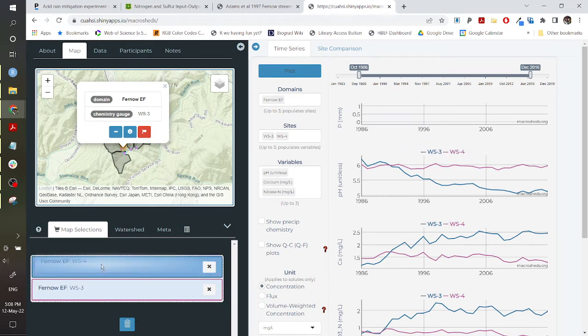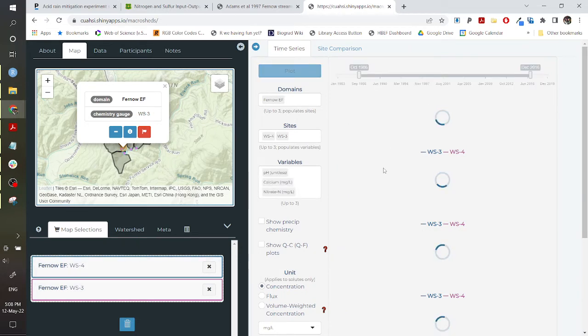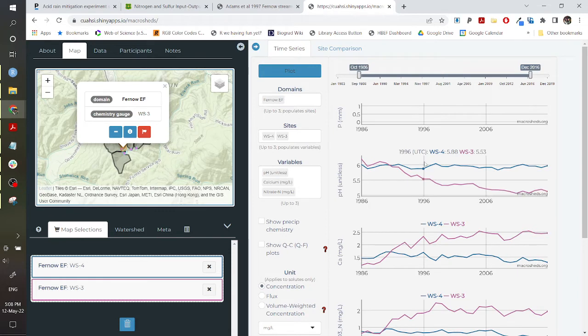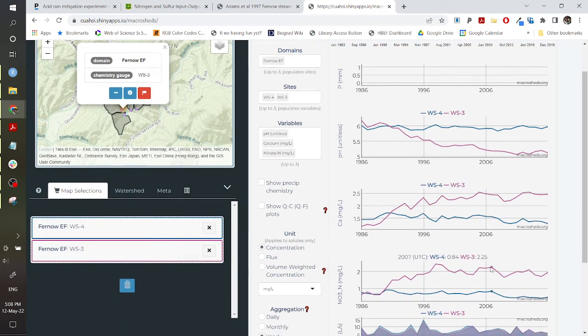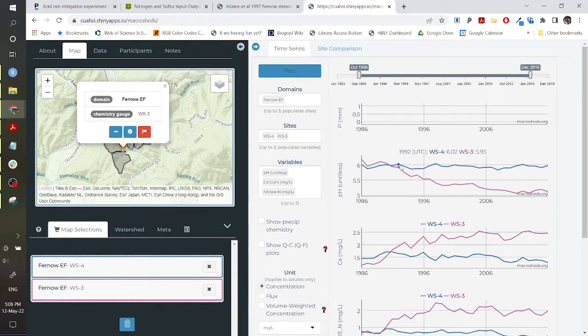And so I'm just going to reverse those colors just so that it's consistent with our previous visualizations. Okay, so now we have watershed 4 on top in blue, which is our reference site, and watershed 3 is our experimental. And you can see again a change in pH over time, elevated calcium, and elevated nitrate, which was the exact same as the other plots.